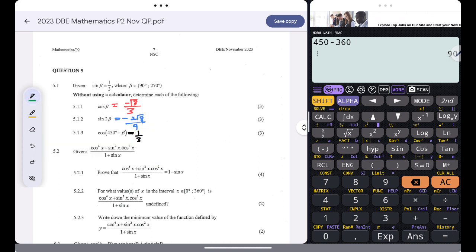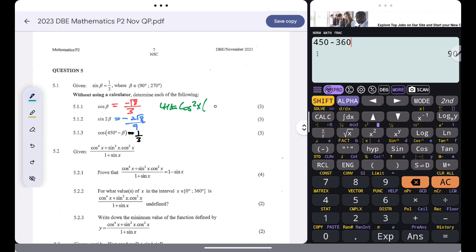I'm given that expression there, né? I'm supposed to show that this expression is equal to 1 minus sine. The first thing I need to do whenever I simplify the left hand side, because it's the most complicated one, né? I just need to take out the common factor. The common factor is just cos squared x.